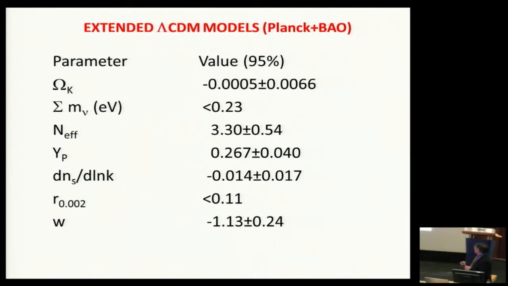As I said, no evidence of running. For the tensor scalar ratio with Planck, we've now saturated what you can do with temperature measurements alone. The only way that we can improve this number is now to go through to B mode constraints. And then an equation of state for dark energy that is completely compatible with a cosmological constant.